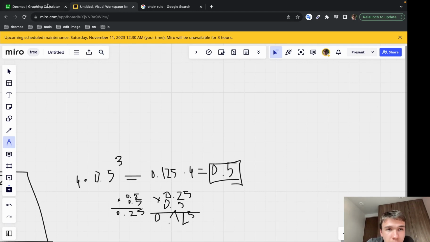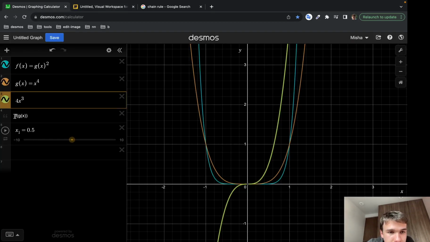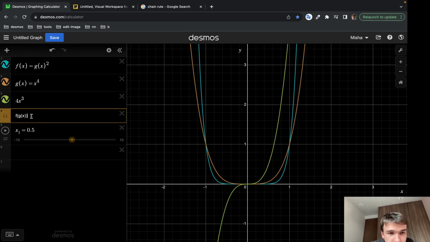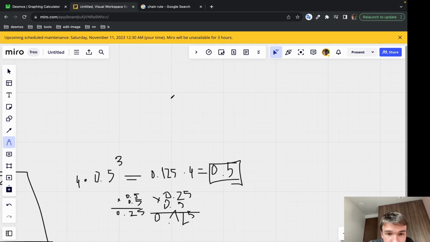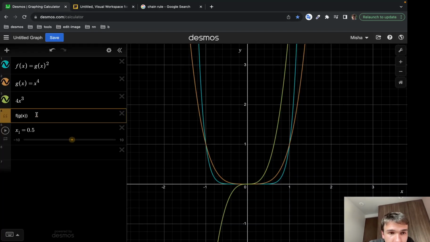Yeah, and I want to actually put the formula here. It basically means that this is the inner derivative. So we need to find the inner derivative, which means we need to find 4x to the power of 3. And then finding the outer derivative, we're going to use all of that.